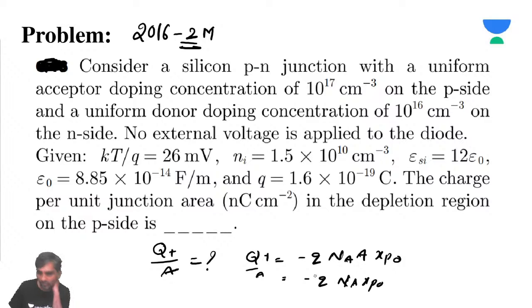We are happy that we have Q and NA, but we don't know XP naught. NA and ND are given. So how do we calculate XP naught? We need to calculate it in the end.